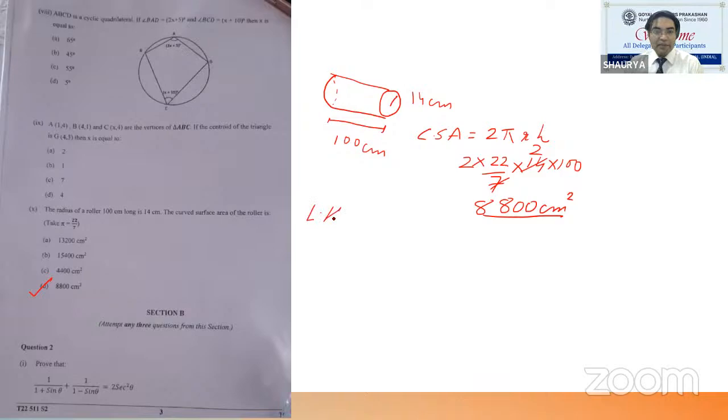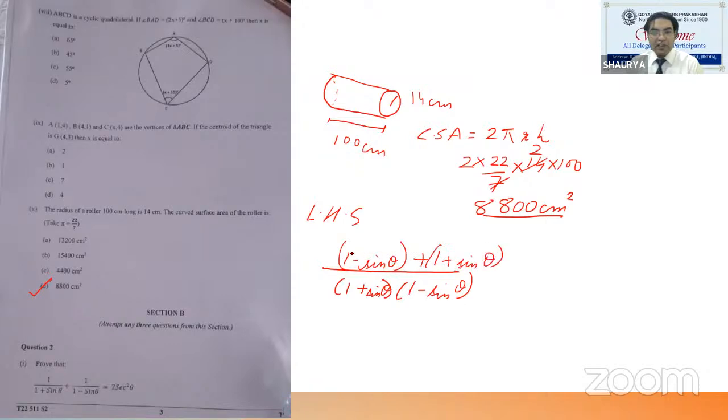So I can straight away begin with LHS since there is a lot to process there. I can take a common LCM of both the terms to be added. It's 1 plus sine theta multiplied with 1 minus sine theta, and the numerator would give me 1 minus sine theta added with 1 plus sine theta. The brackets in the numerator make no sense since the sign between them is positive, so I can simply cancel off the minus sine theta and plus sine theta.